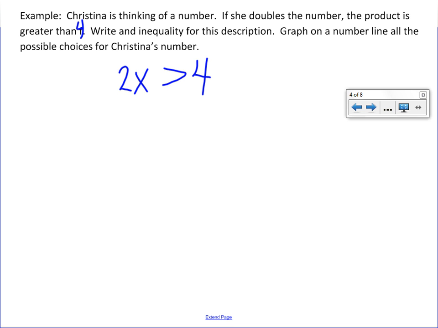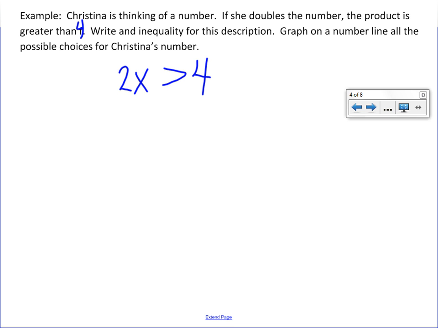It says to write an inequality. We've done that. Graph on a number line all the possible choices for Christina's number. Now, since we don't really know how to solve inequalities yet, I'm going to give you a little hint here. Whenever you have an inequality and you're trying to solve for the variable, you treat that inequality symbol the exact same way that you would an equal sign, unless there are negatives involved, and right now there aren't, and there won't be for a while.